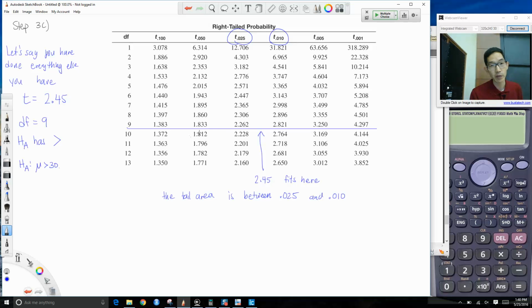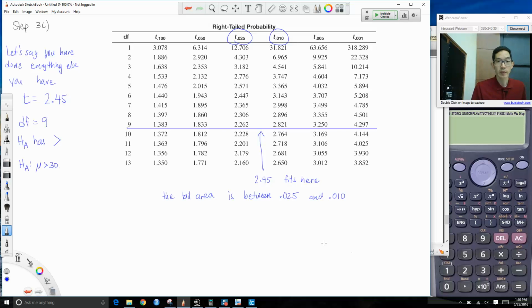So if you have 9 degrees of freedom and your test statistic ends up being exactly 1.833, then your tail area will be exactly 0.050, okay? Otherwise, you just say, oh, well, it's between these two numbers, so therefore my corresponding tail area is going to be between these two numbers as well. Does that make sense to everybody?